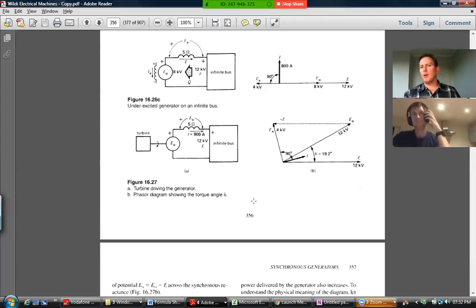Because our formula would be root 3 line voltage times current times cos phi. So that root 3 normally is handling two things. It's handling the fact that there's 3 phases and that there's a root 3 difference between line to line and line to neutral.